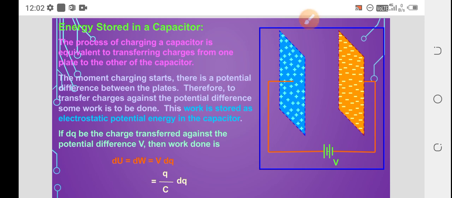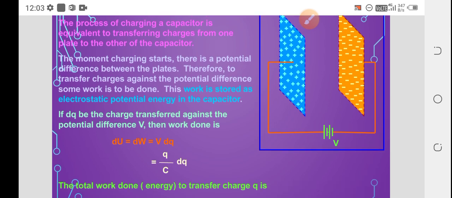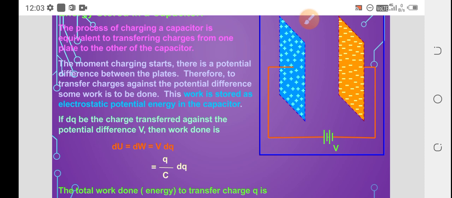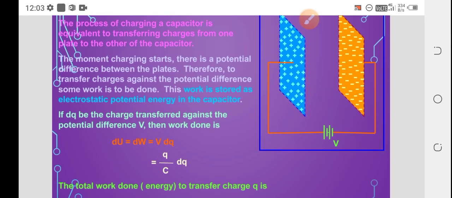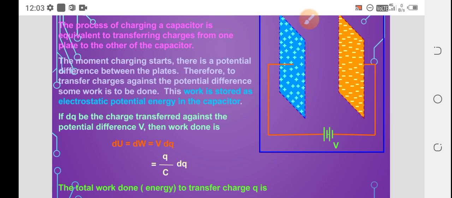The process of charging a capacitor is equivalent to transferring charges from one plate to the other plate of the capacitor.